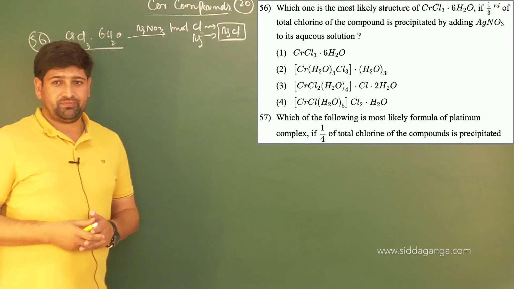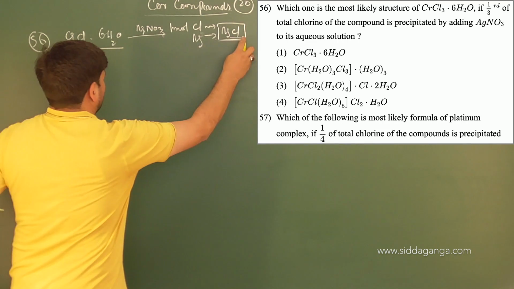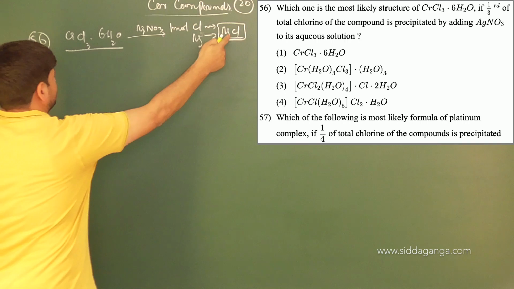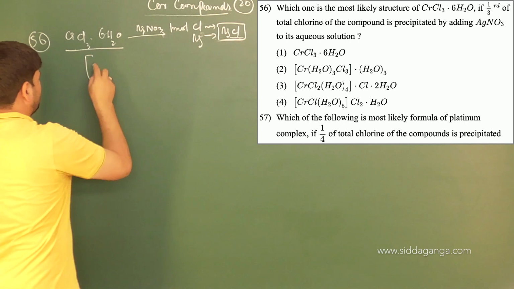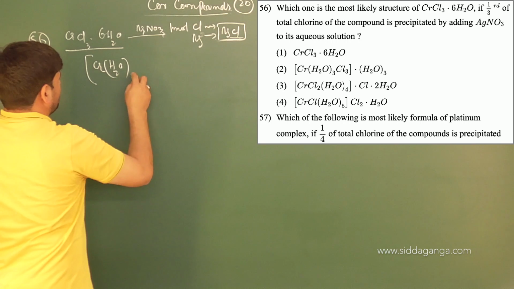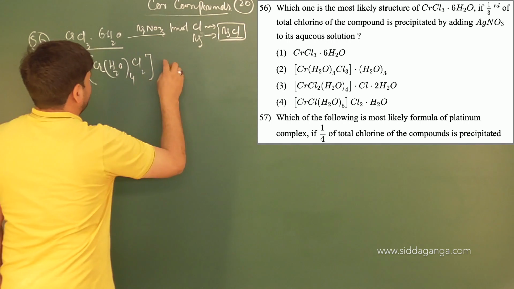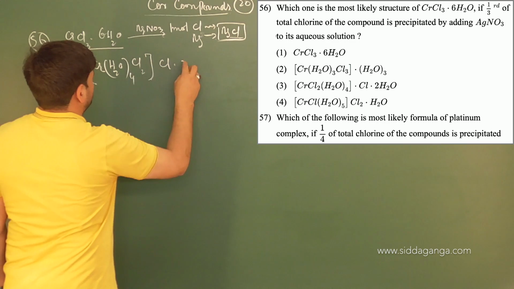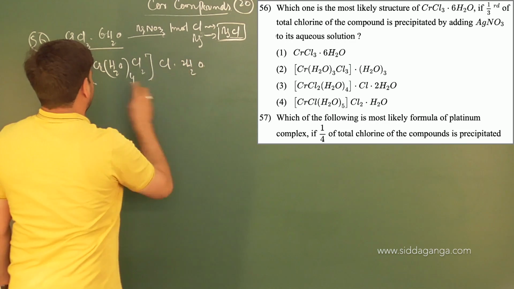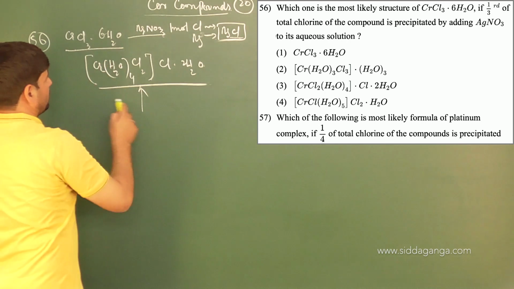So what is the formula of that compound? Very simple. Since you are getting 1 mole of chlorine, the number of chlorine acting as counter ion is only 1. So the formula will be [Cr(H2O)4Cl2]Cl, and there will be 2 moles of water acting as water of crystallization outside. Because on dissociation this will give you a complex ion.